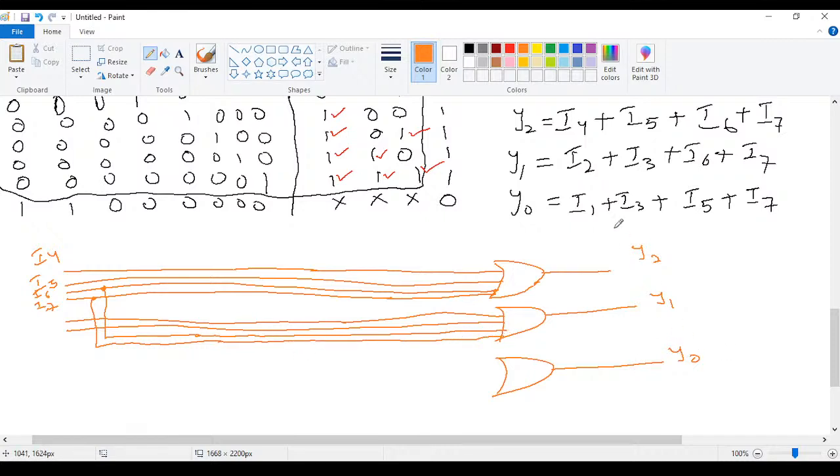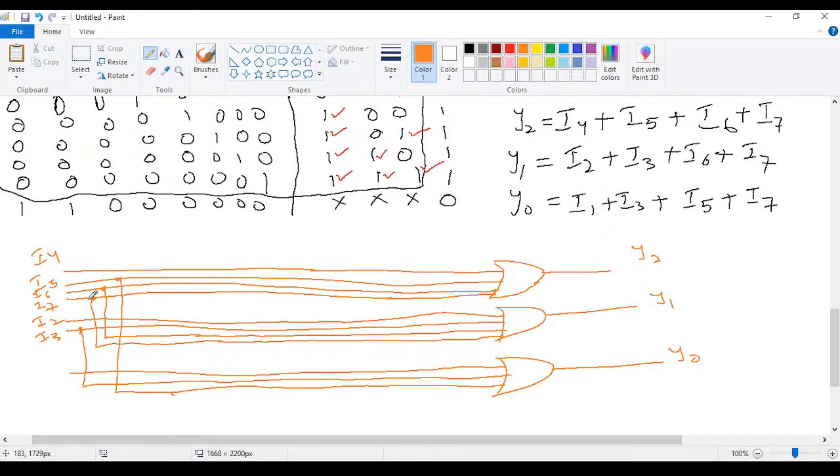And for y0 equal to I1, I1 we are getting directly. I3 we can have from here, I5 we can get from here, and I7 from here. We can draw very simply like this.